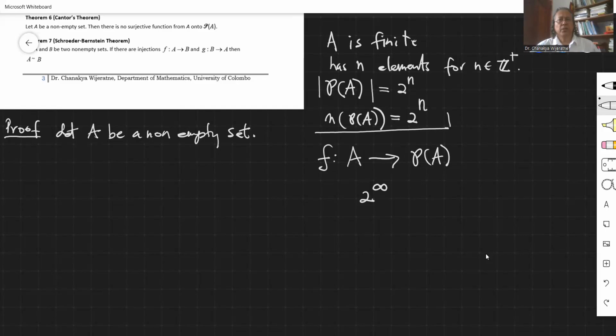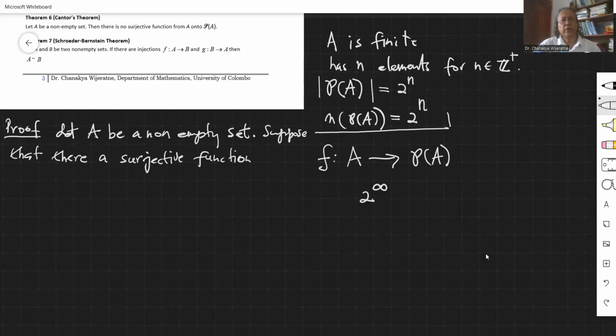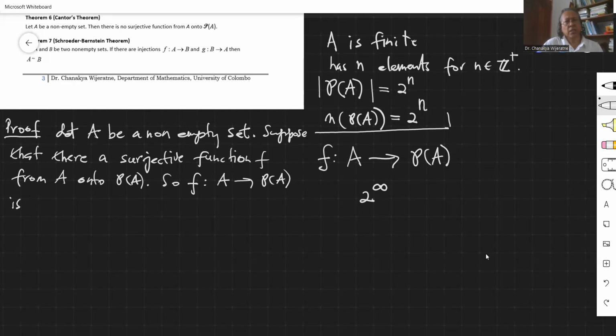Suppose that there is a surjective function f from A onto the power set of A. So f from A onto the power set of A is surjective.